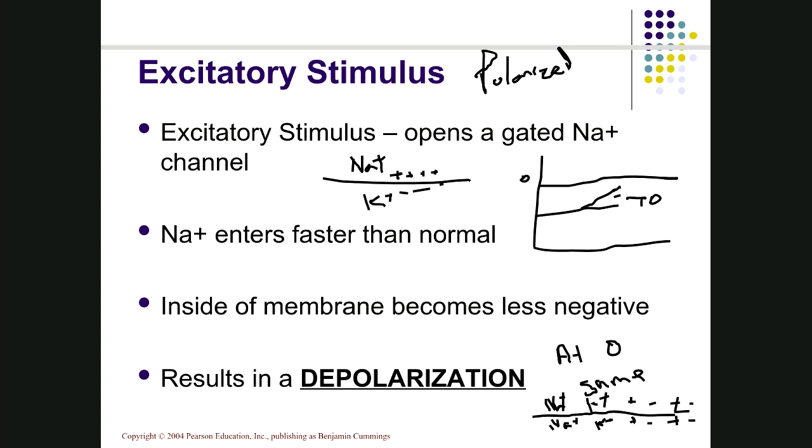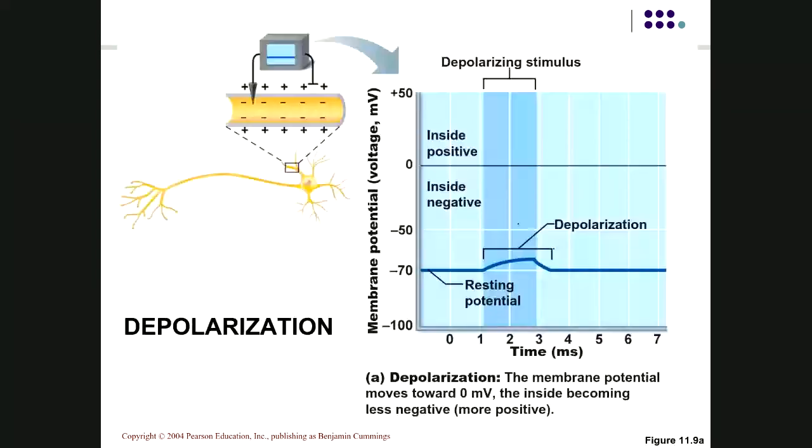It's not polarized anymore. And if it's not polarized, no voltage, well, if I move toward it, I'm going from polarized to not polarized. It's a depolarization. I'm removing the polarization. So an excitatory stimulus moves it towards zero, and that's called a depolarization.